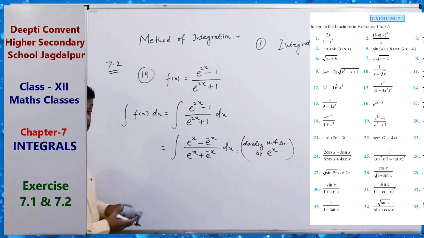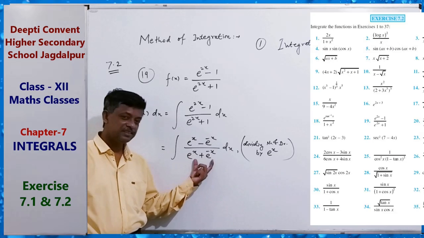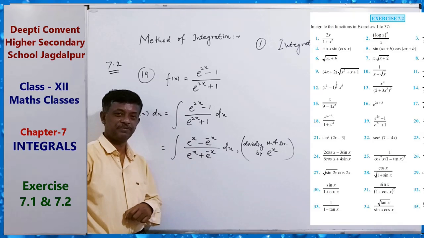We get this. Now the derivative of this is equal to this.